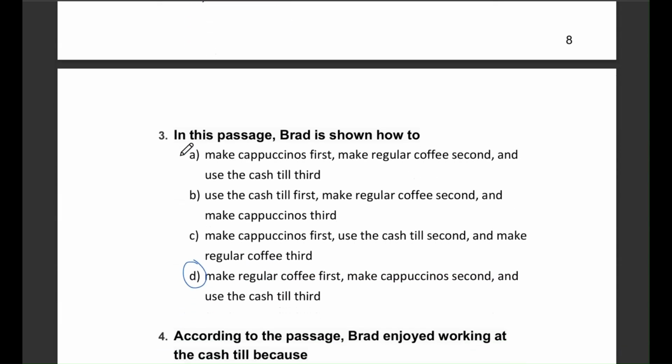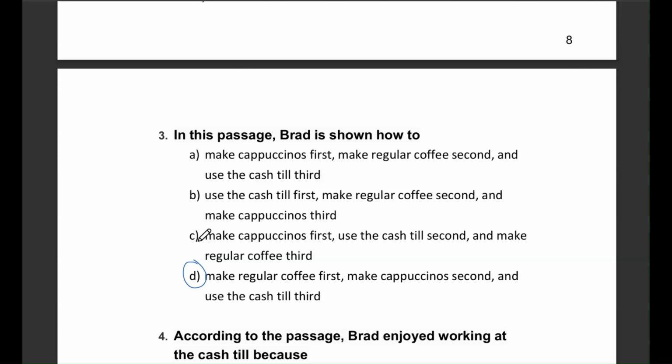Question 3 asks, in this passage, Brad is shown how to make regular coffee first, make cappuccinos second, and use the cash till third. We need to choose the option that shows the correct order Brad learns these skills. A, make cappuccinos first, make regular coffee second and use the cash till third. B, use the cash till first, make regular coffee second and make cappuccinos third.